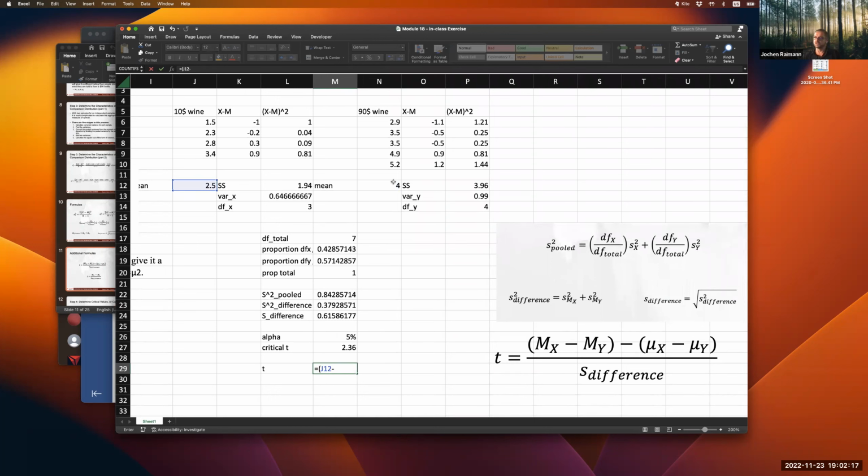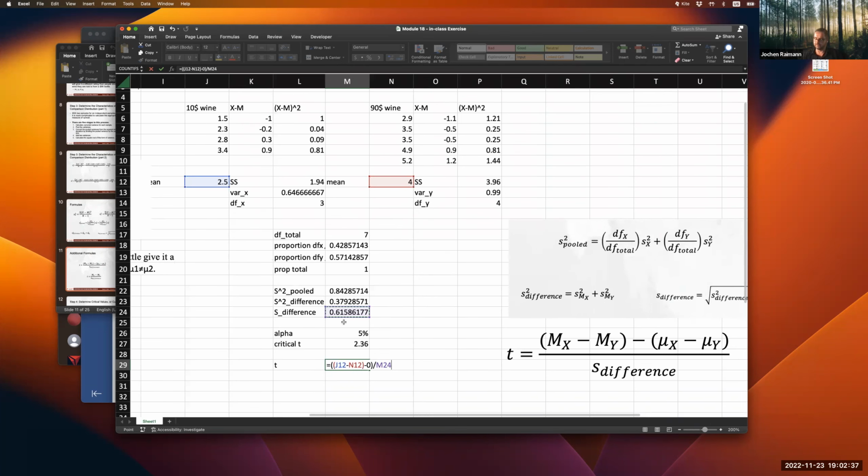So we have mean x minus mean y minus 0, which is just a formality logically. But we're basically dividing this now through our variability, or the standard deviation of these differences between the sample means. So this difference divided by the standard deviation of the differences between the sample means will get us to a t, which is here estimated as -2.44.